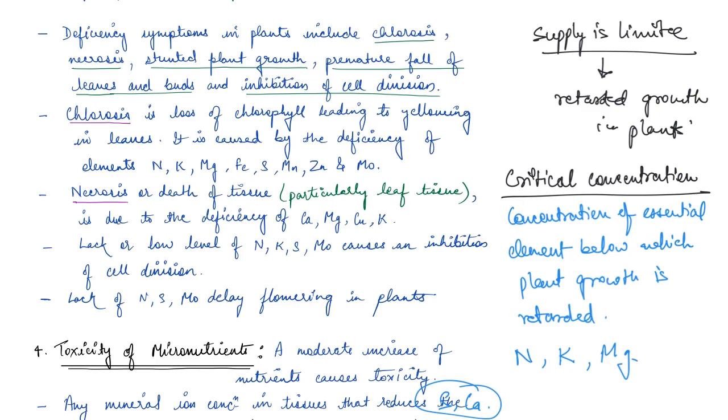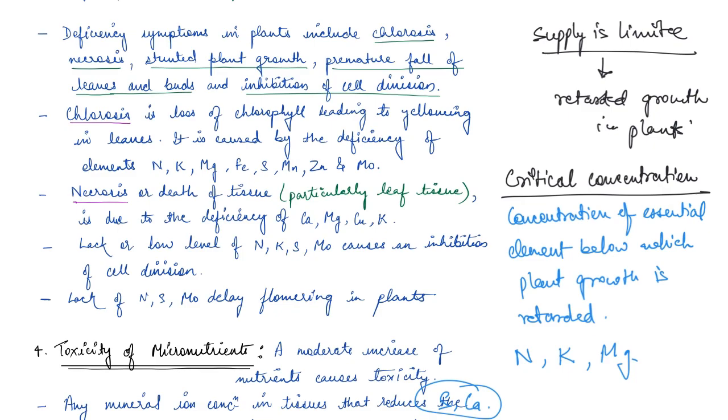So now we understand very well that deficiency of any element can cause multiple symptoms, and the same symptoms may also be caused by one or more different elements. Now, isn't it very confusing? Because if, say, there is senescence, or if there is chlorosis in a plant, it is difficult to identify the element which exactly is causing it, because multiple elements can cause it, right?